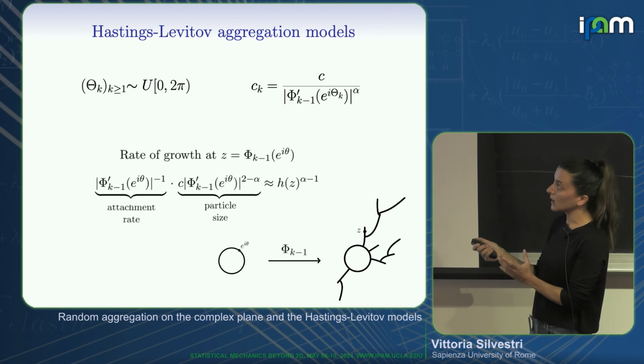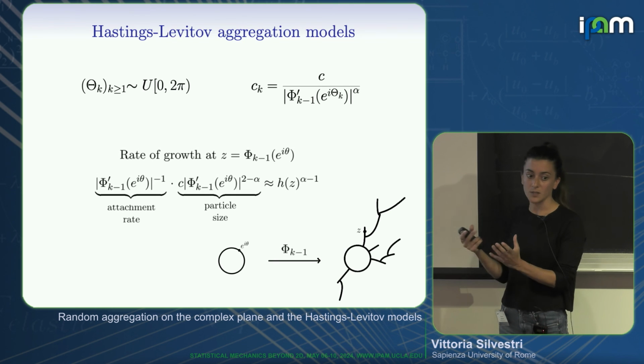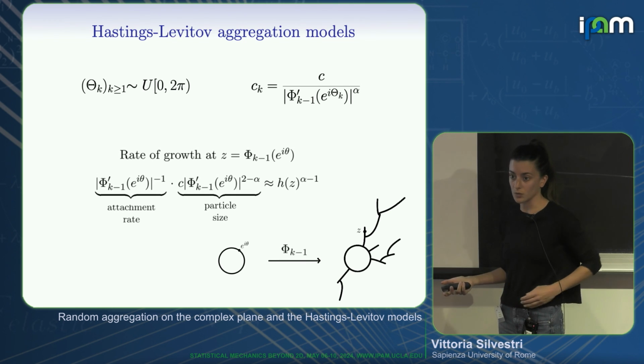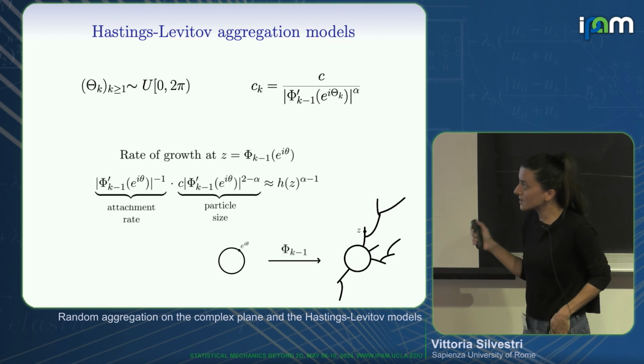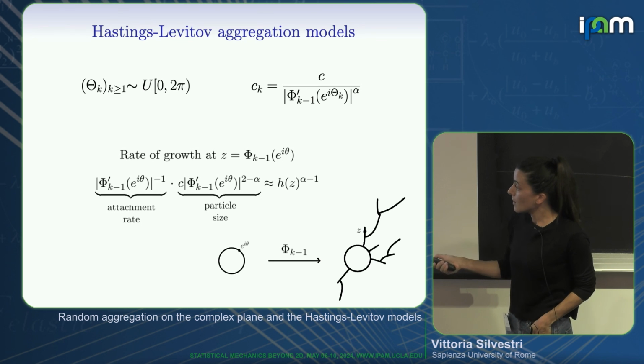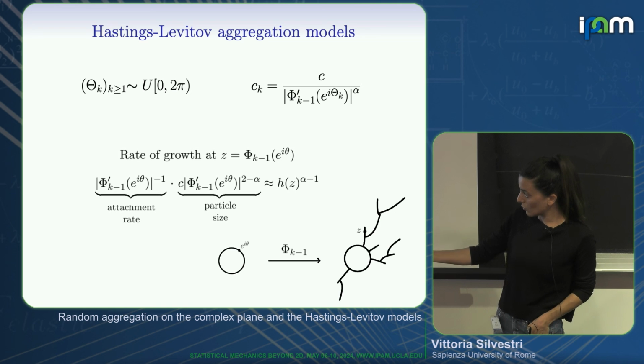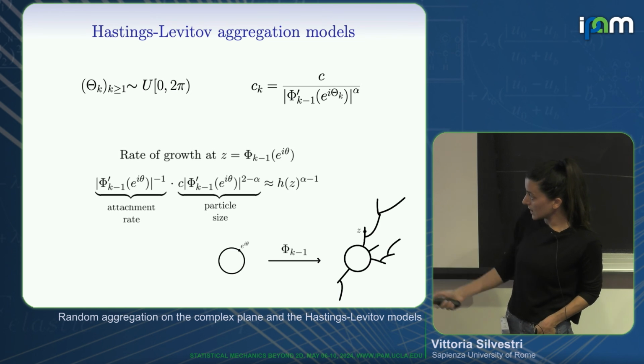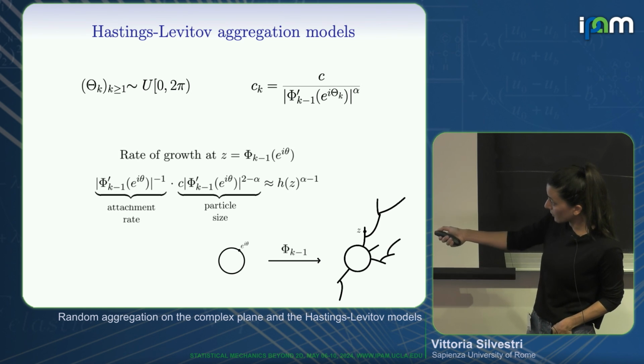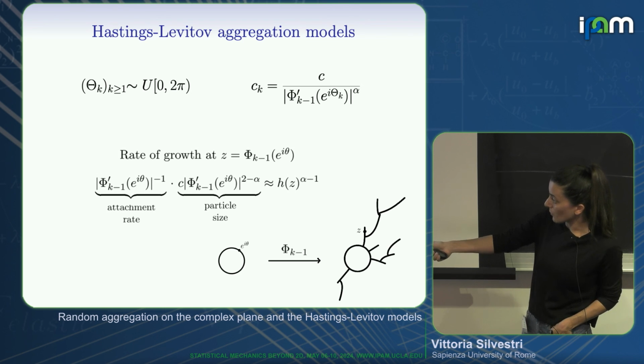So you can try to work out the rate of growth on the boundary of these clusters, just to understand what you should expect. This is a very heuristic computation, but let's index this boundary according to the angles on the unit disk. What's the rate of growth at the boundary point Z here, which is the image of e to the i theta under this map?